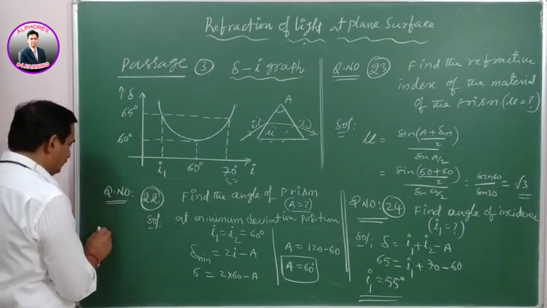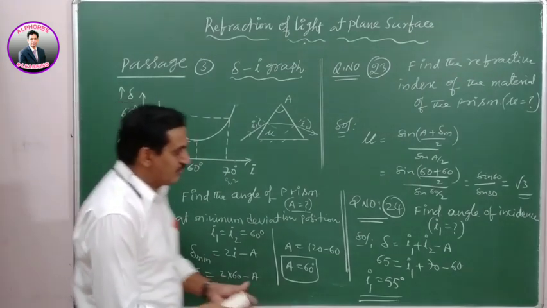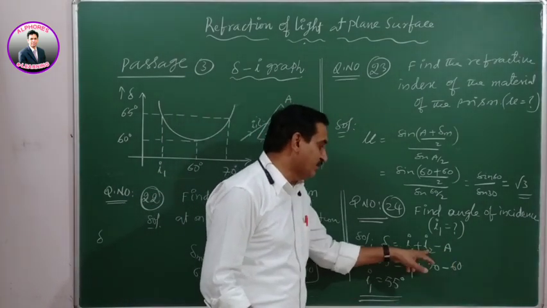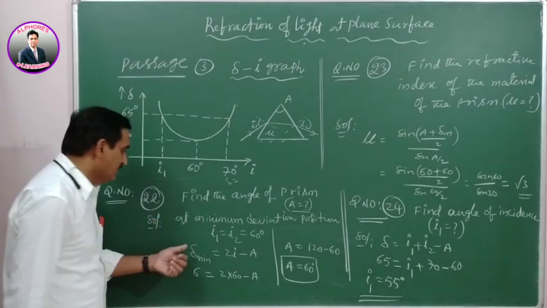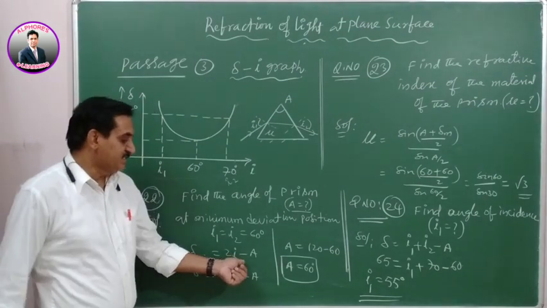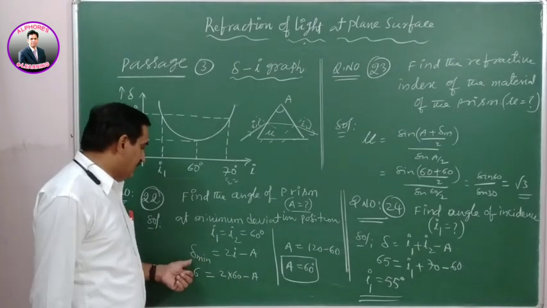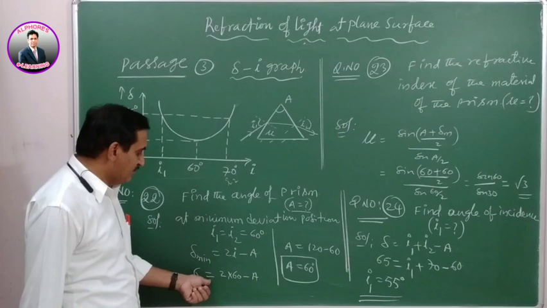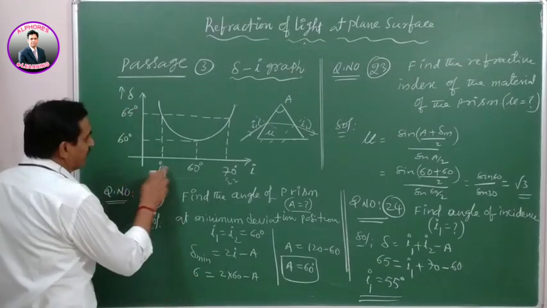Delta minimum is equal to the formula. Actually delta is equal to I1 plus I2 minus A, this is the formula, but I1 is equal to I2 in minimum deviation position. Therefore delta minimum equals 2I minus A. Delta minimum is 60 degrees, given already.